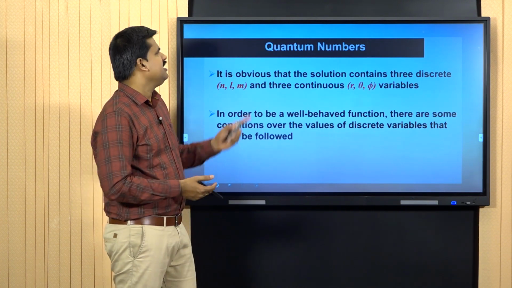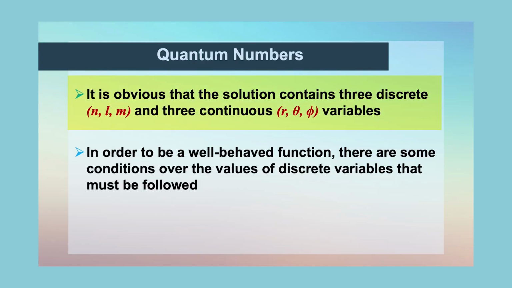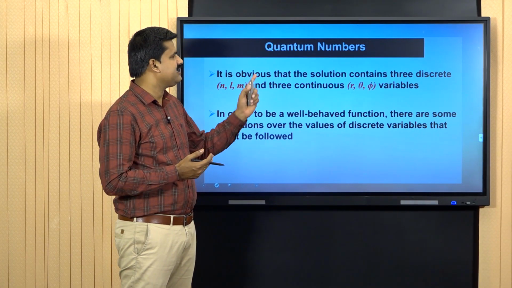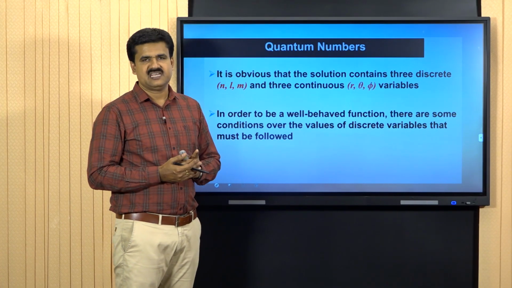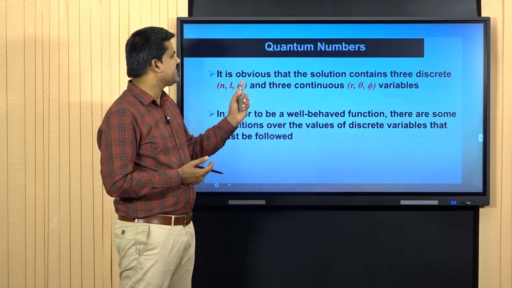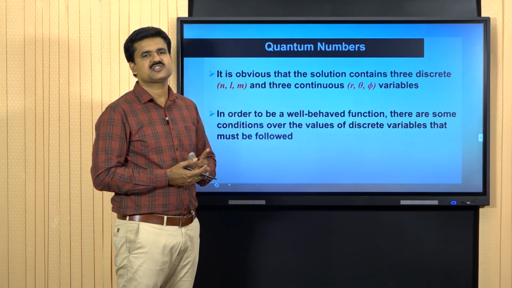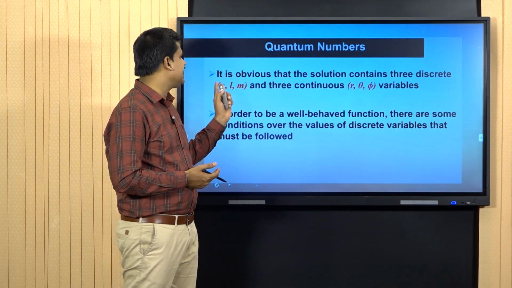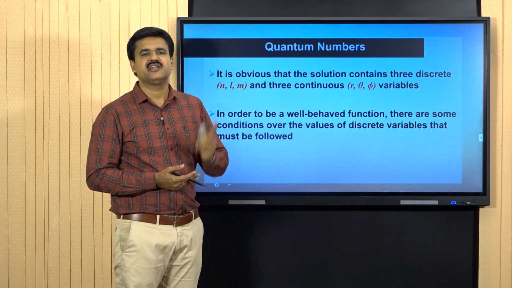Now, it is obvious from this equation that the total wave function contains three discrete terms, n, l and m, and continuous variables r, theta and phi. That means the solution to the Schrodinger wave equation contains three discrete variables n, l and m, and three continuous variables.